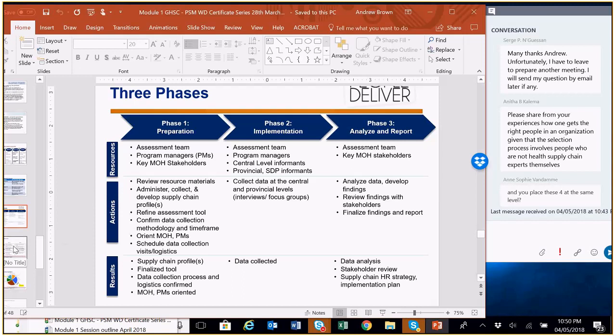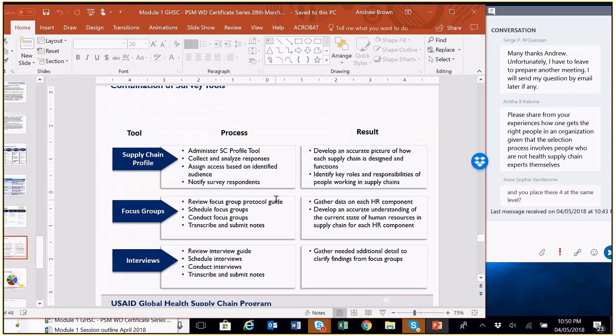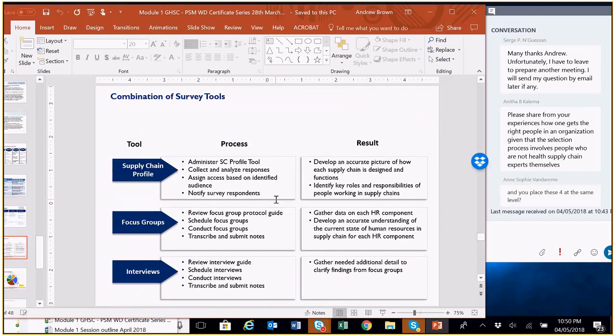to get an understanding of the strengths and weaknesses in the human resources system and how to fix those. Now, what's really interesting is you get an overall supply chain profile. So this really helps to understand the system, the roles and responsibilities of people, where all the people are or where they are not, and how the supply chain looks from a human resources perspective.